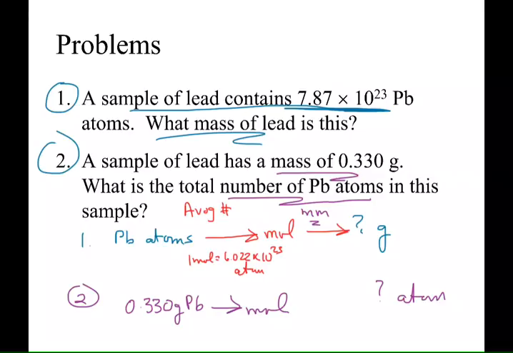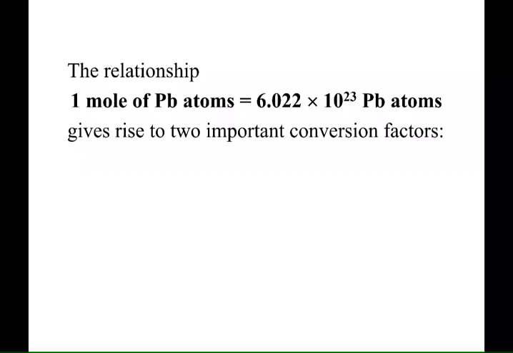We'll do that using the molar mass of Pb. And then can we go from moles to atoms? Yep, using Avogadro's number. This right here will get us from moles to atoms. So, probably a little more organized.